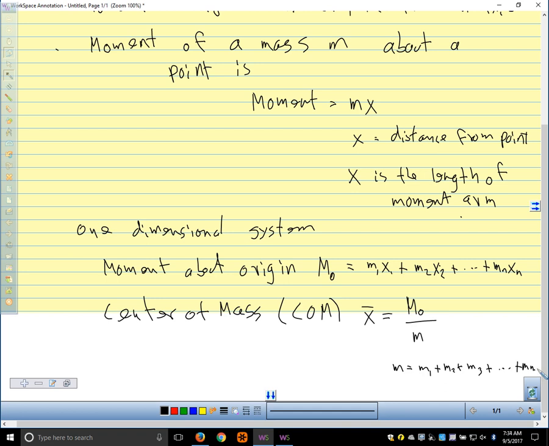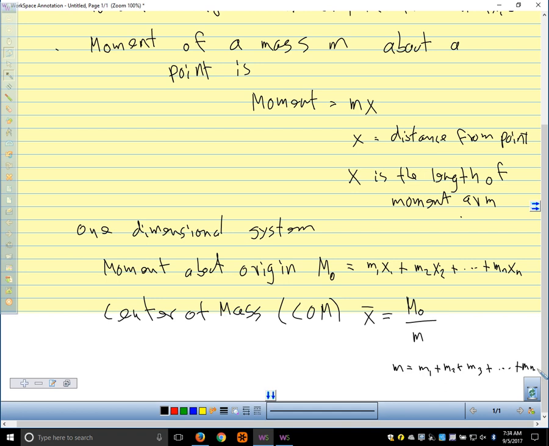The center of mass travels as if all the masses of these things were concentrated at that point, and that's the path that those markers would take. So we can analyze the motion of the center of mass instead of analyzing the motion of each individual piece. So that's one reason.